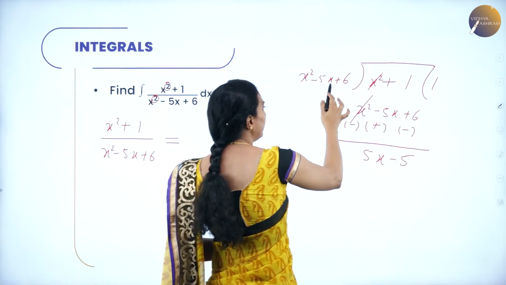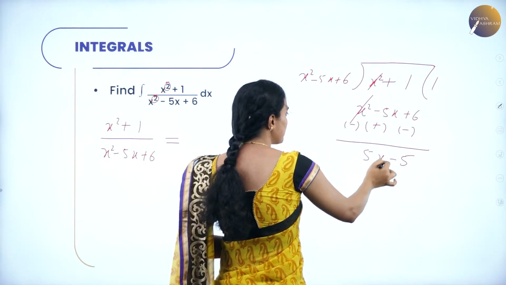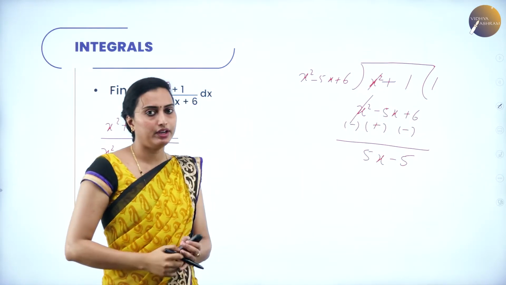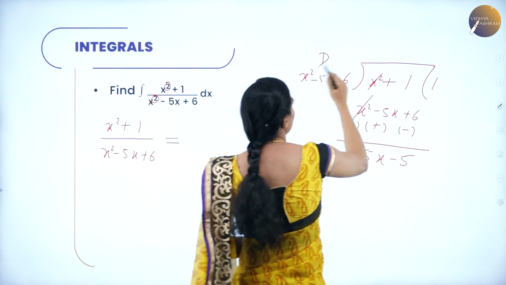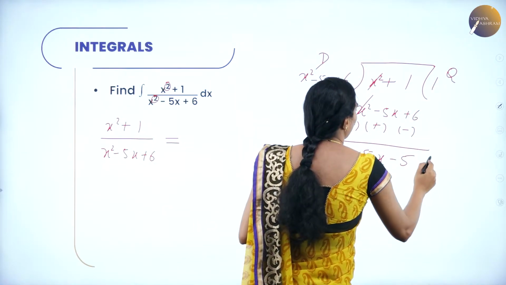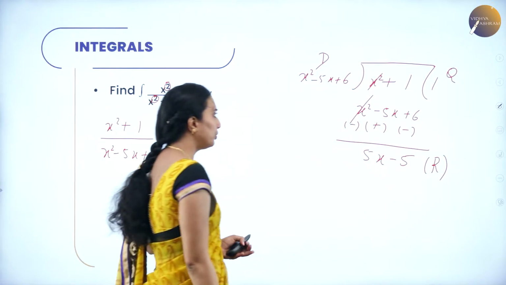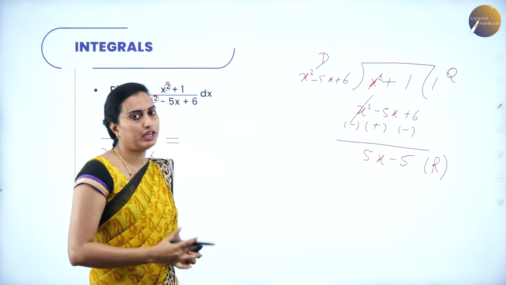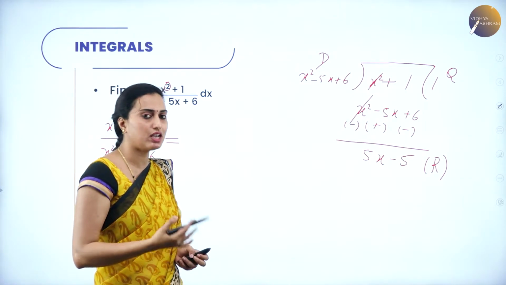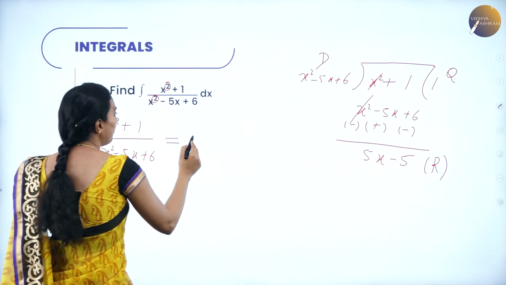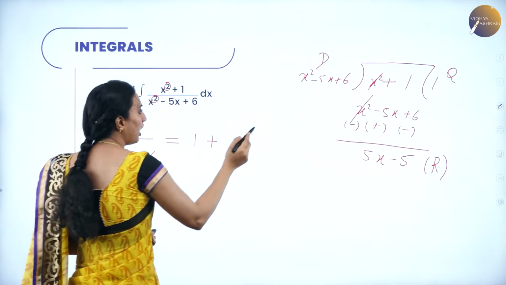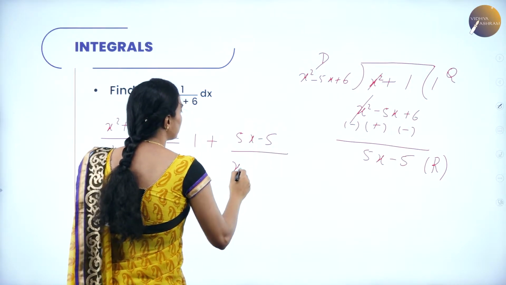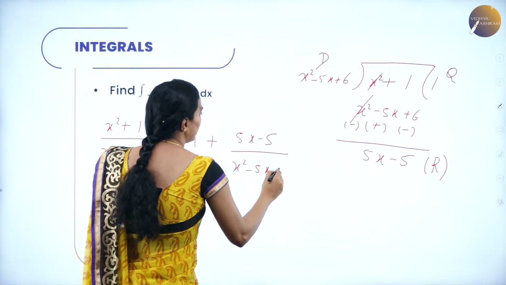You are going to have dividend, then quotient, and then remainder. So this is D, this is Q, this is R. So you are going to write accordingly Q plus R divided by D, which is Q, that is 1, plus R by D, which is 5x minus 5 divided by x squared minus 5x plus 6.